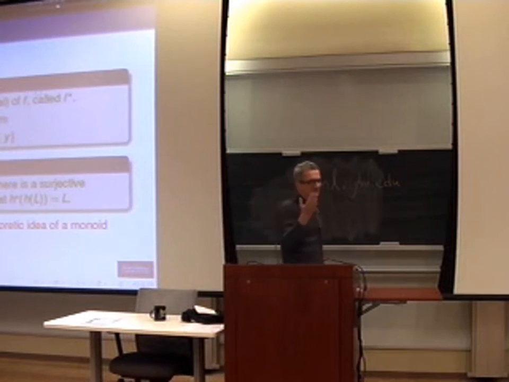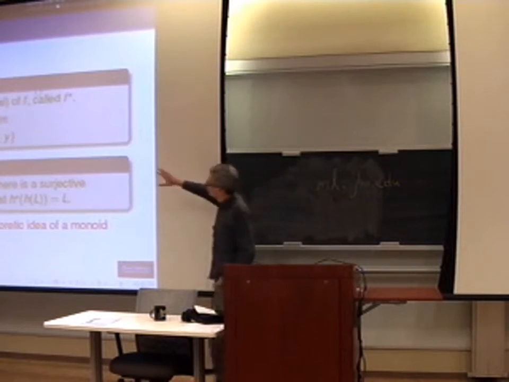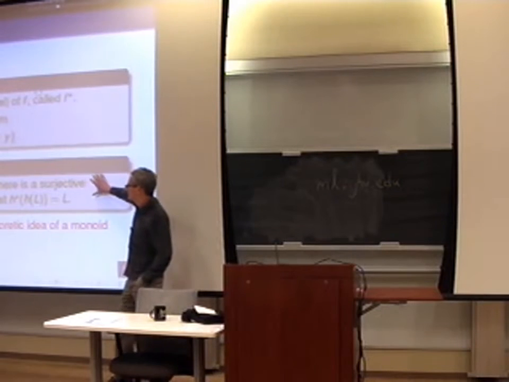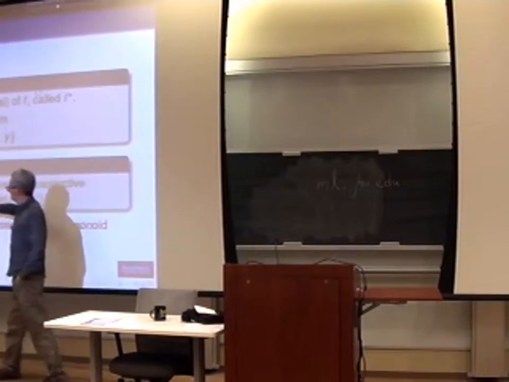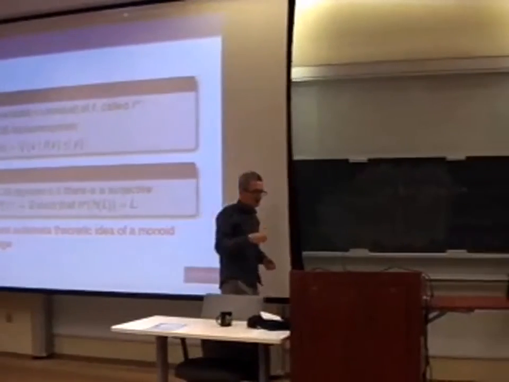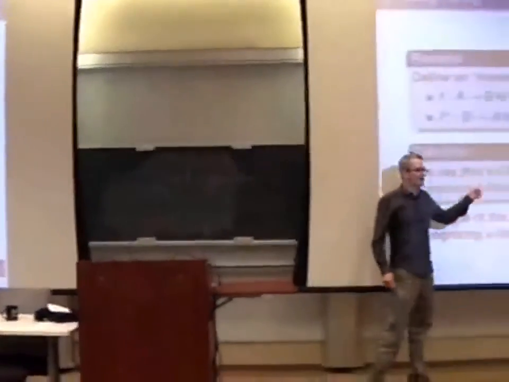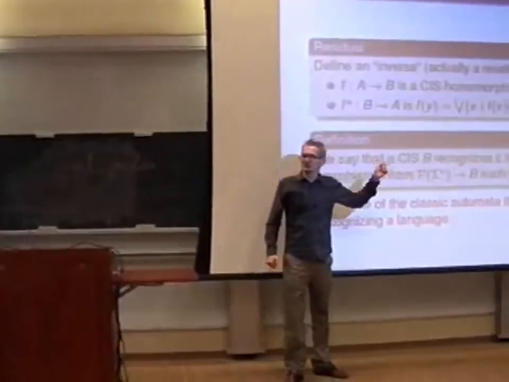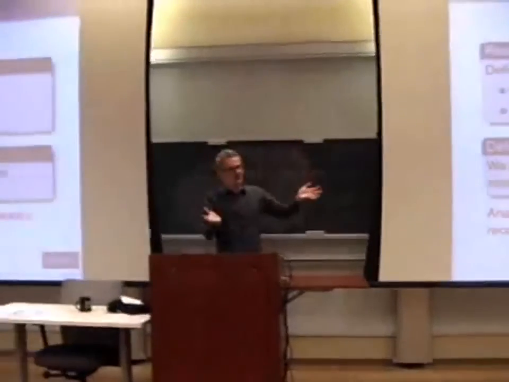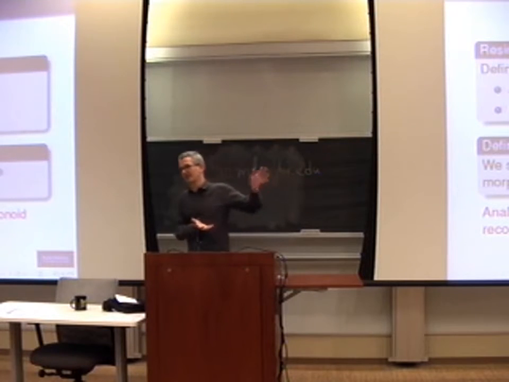Now, the details don't matter, but we define the equivalent of an inverse. We can't have an exact inverse because it's not a bijection, so what we have is actually called the residual. Then we can say that a semi-ring recognizes a language if and only if the element that L is mapped to corresponds just to L. So what we're saying is we have a homomorphism of our original free power set semi-ring into something else.